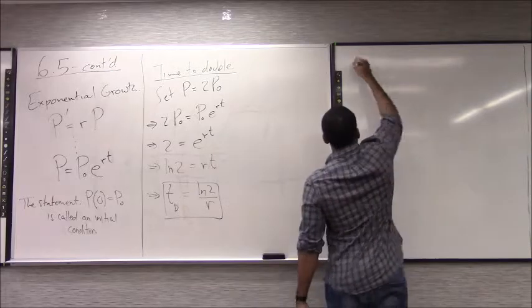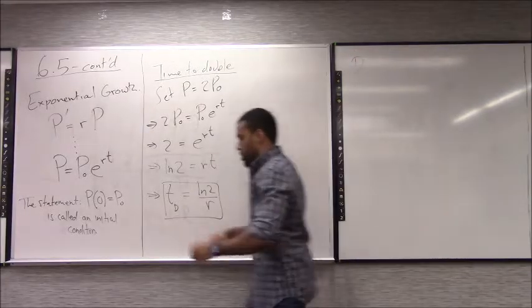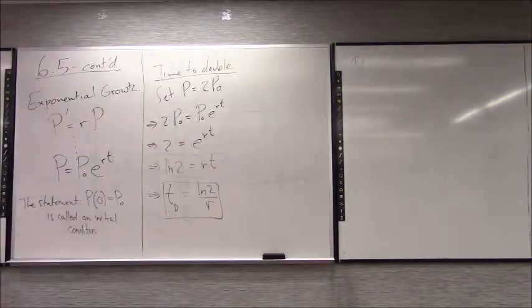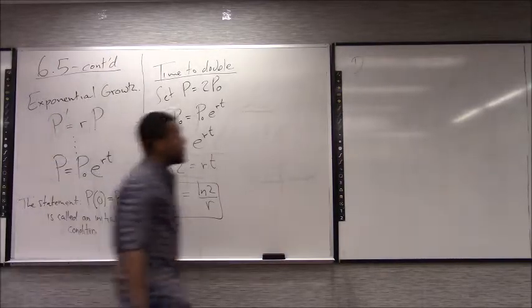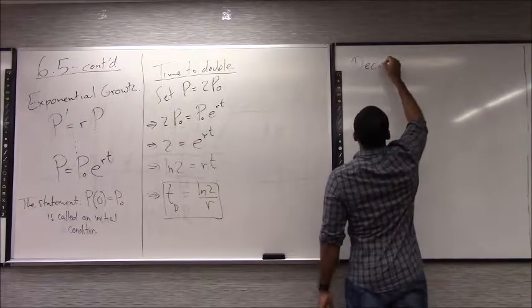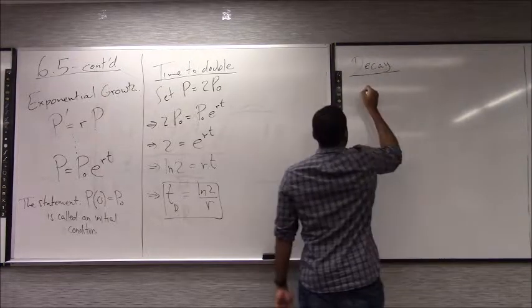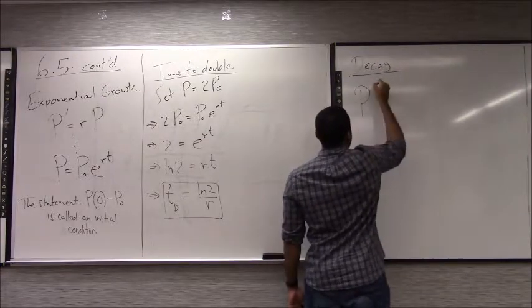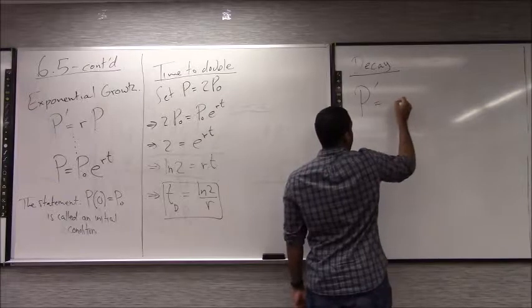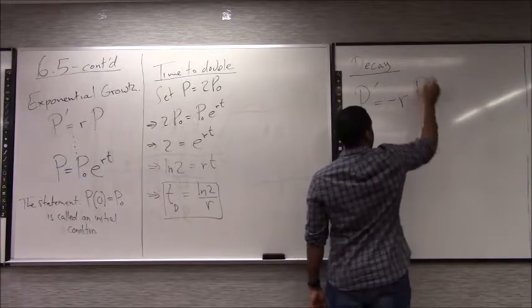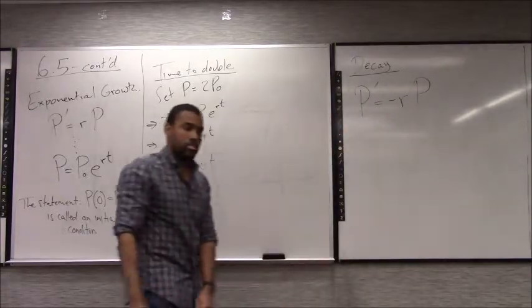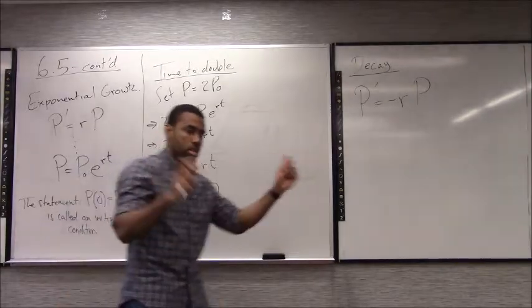Now, when we're looking at exponential decay, it's a similar idea. It's something that decays at a rate proportional to its current size. So that means our quantity's rate of growth looks like a negative rate, because remember, when our slope is negative, that means it's decreasing. r is always considered to be positive here.